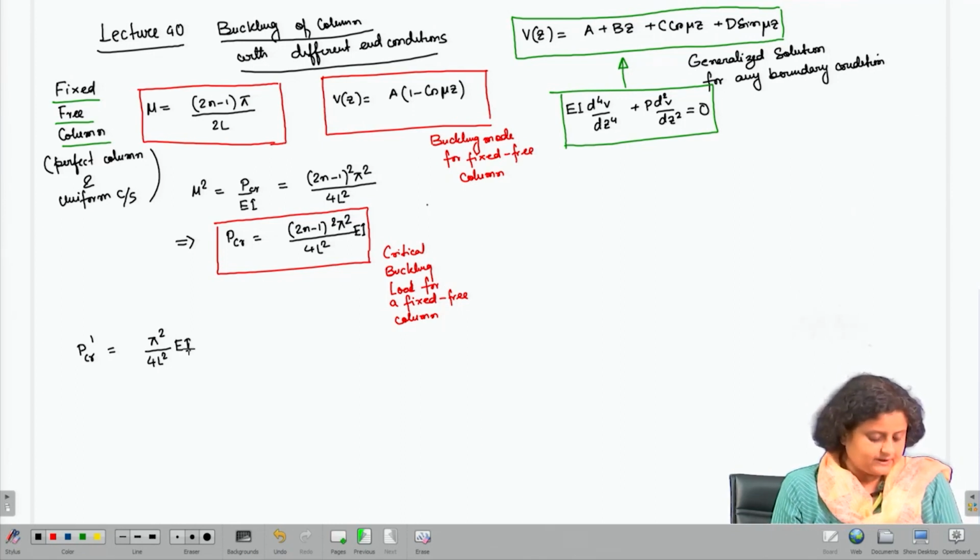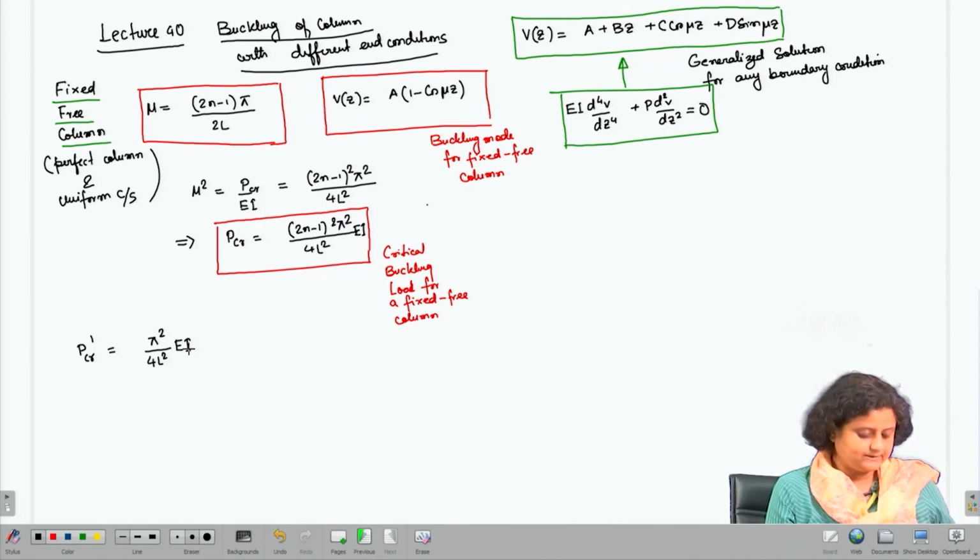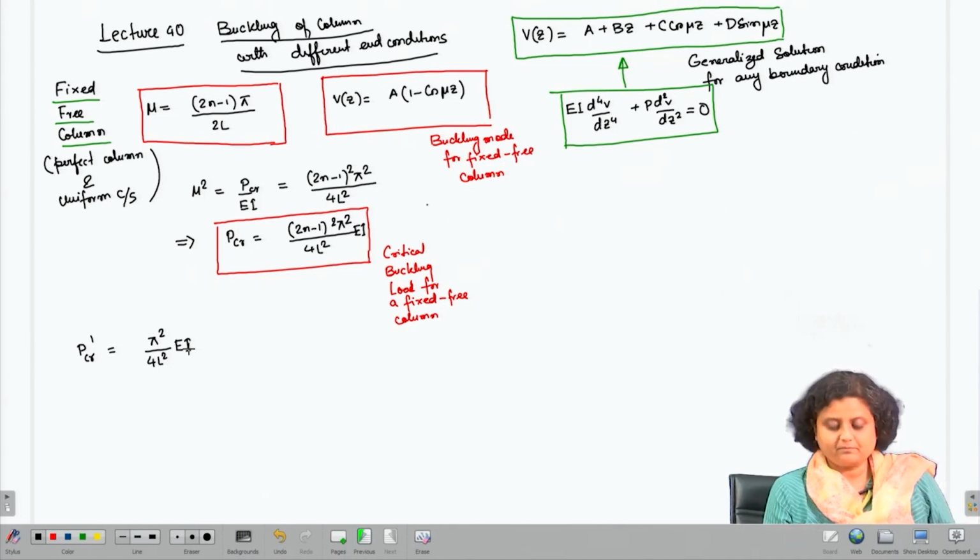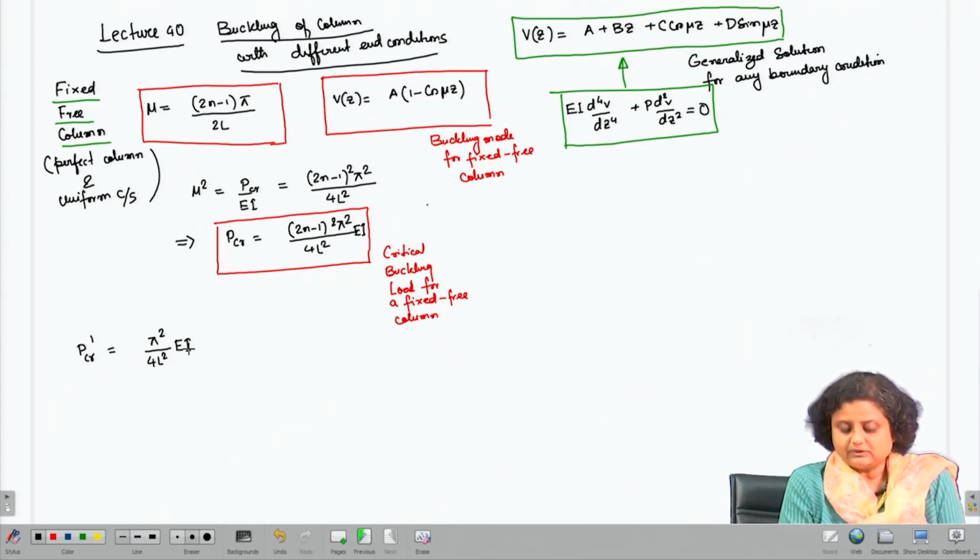So, that is the first buckling load that we get. The second critical buckling load, P critical 2, is going to be 9 pi square EI by 4L square, and so on.